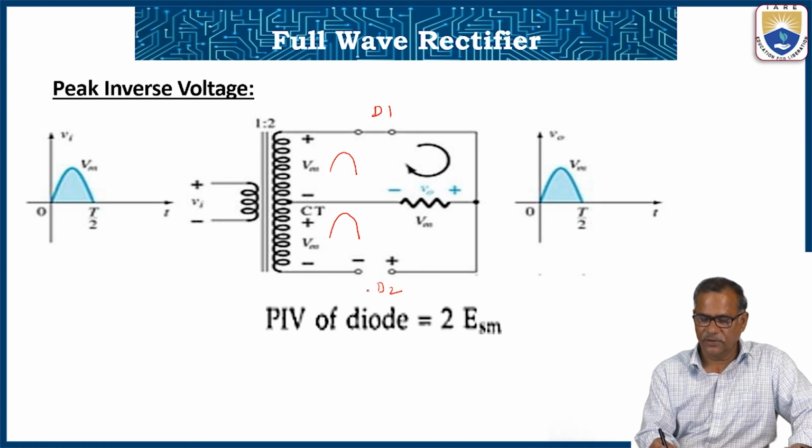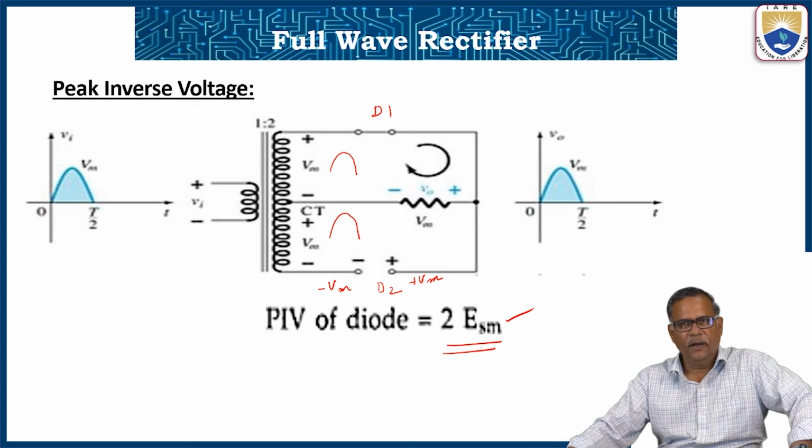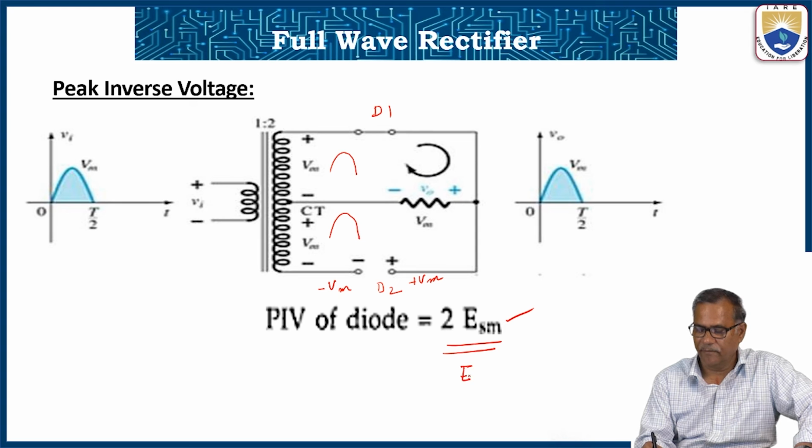So what is the maximum voltage you get? Here you get minus Vm, and here you get plus Vm. So the peak inverse voltage is 2 Vm for the full wave rectifier. And what is the corresponding value for the half wave rectifier? It is Vm.